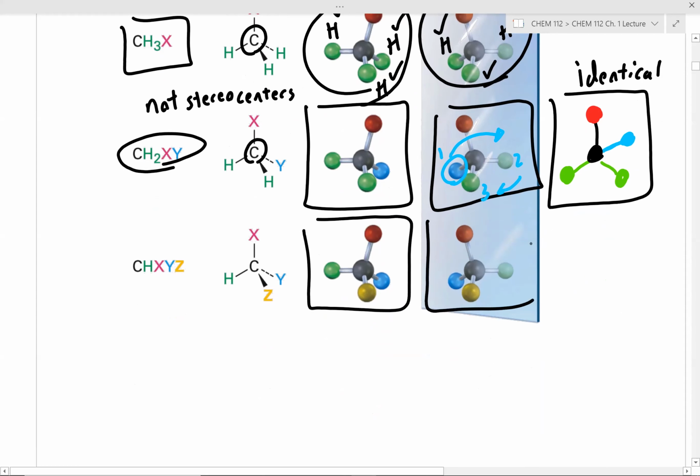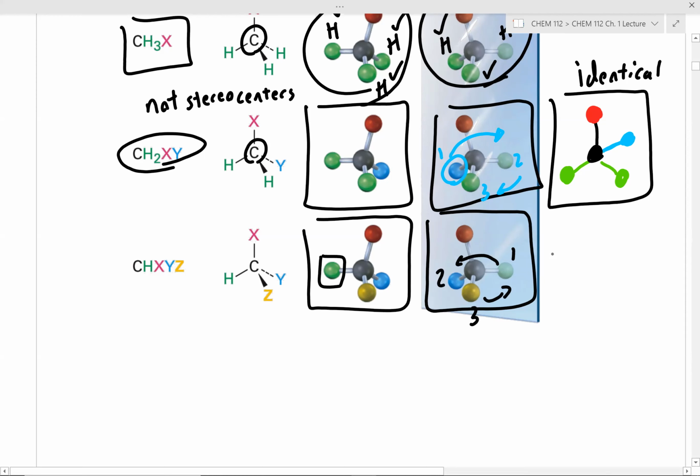We compare these 2 structures. Our goal is to rotate one of our enantiomers and then try to superimpose our 2 structures. So we want our green substituent on the left. So let's rotate all of our bottom 3 substituents counterclockwise.